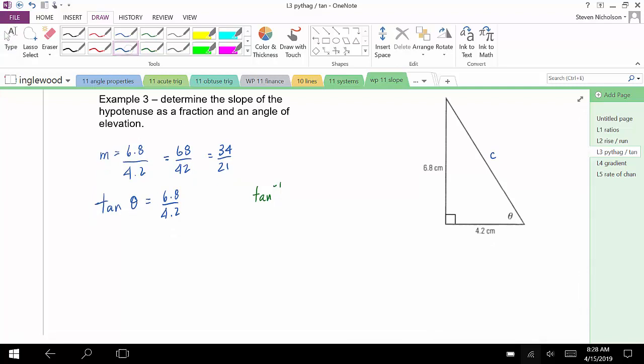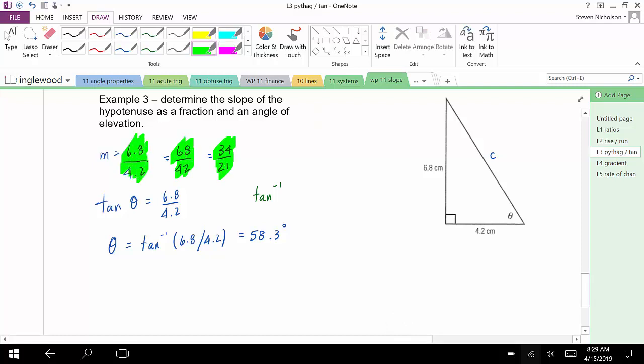So in order to figure out the angle of elevation, we're going to press this button and simply punch in this relationship. And remember, always close your brackets. If your calculator opens brackets, close them. And when you hit the enter button, your calculator will spit out 58.3 degrees. That is the angle of elevation that expresses this slope as an angle.